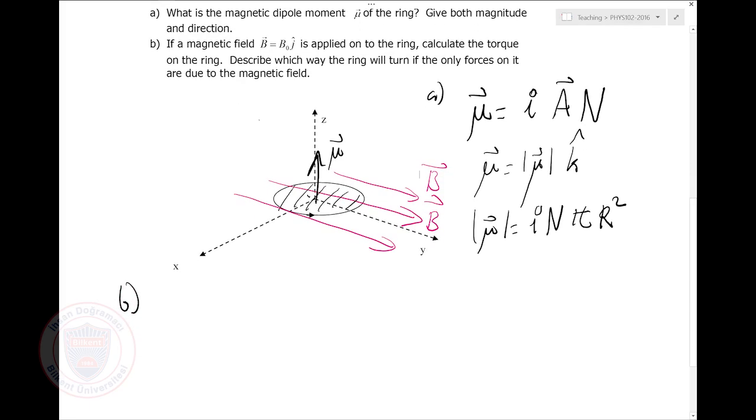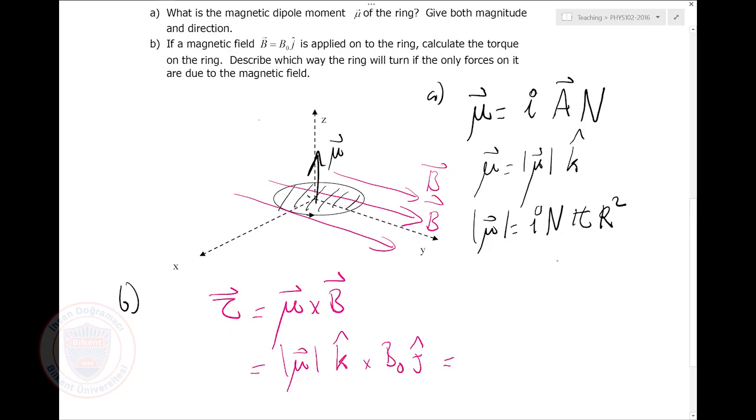What was the formula we derived for the torque? Torque was mu cross B. Okay. Now, mu is mu magnitude times k hat, and B is B0 times J hat.